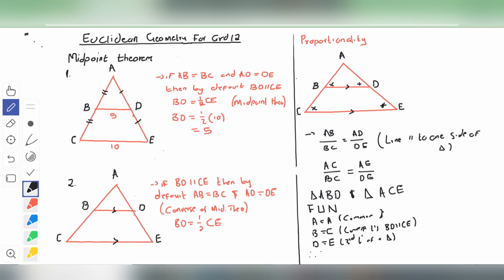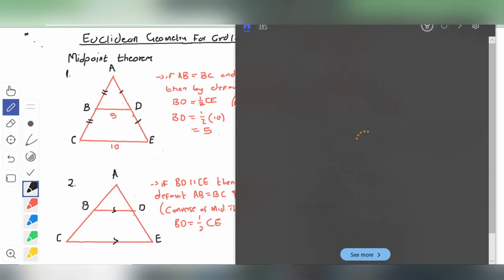Therefore, we should say triangle ABD is similar to triangle ACE. The reason is we proved its angles. Therefore, we are done.